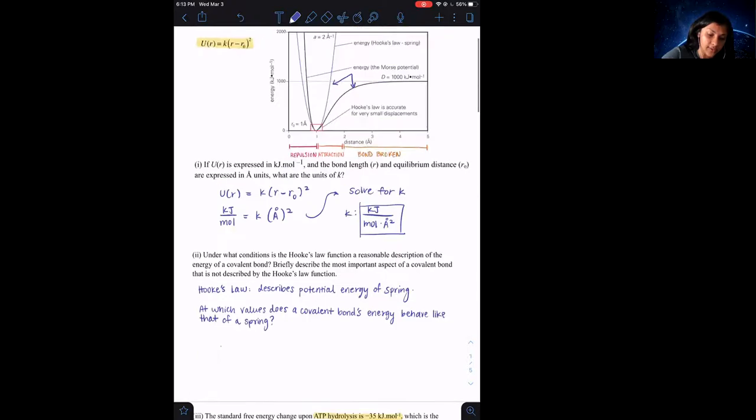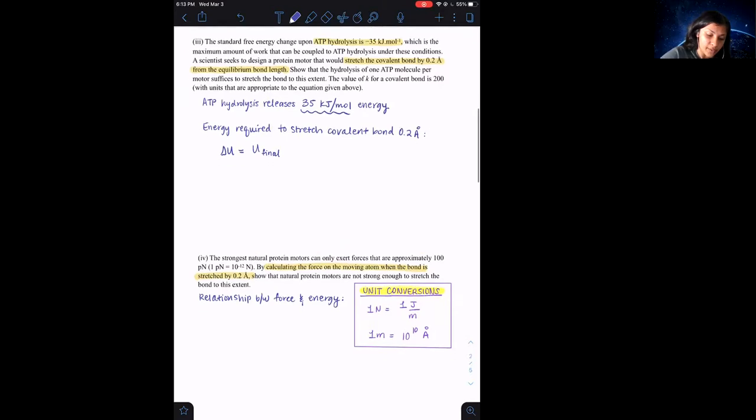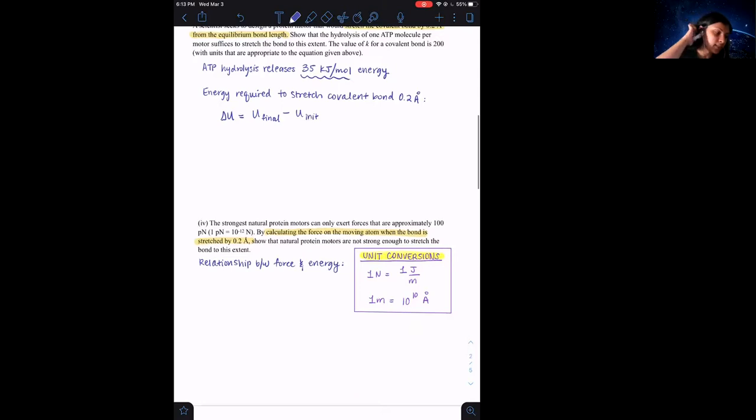So basically on this graph, this would be any final energy value at 0.2 angstroms minus an initial value. Since we're using Hooke's law, that would be equal to K times (R minus R naught), the distance that we're stretching the bond, squared, minus the initial value, which just stays at the equilibrium bond length.